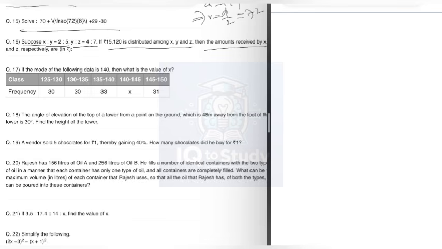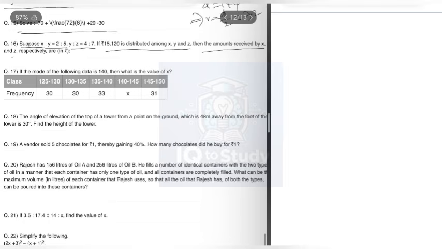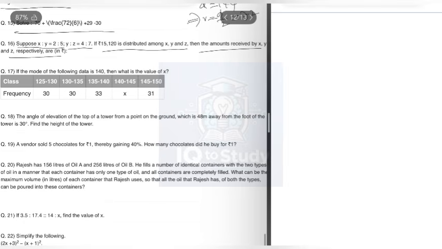The amounts received by x, y and z respectively are in a ratio. Given x and y is 2 and 5 and y and z is 4 and 7.